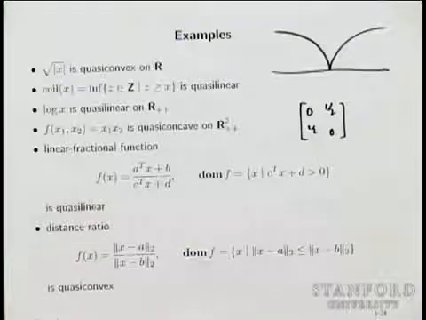Quasi-linear means quasi-convex and quasi-concave. And by the way, these functions do not have to be linear, not even remotely. So a linear fractional function is quasi-linear, meaning it's both quasi-convex and quasi-concave. This is the most famous, by the way, because this function here is absolutely not convex, right? If you have a linear fractional function, it looks something like this.